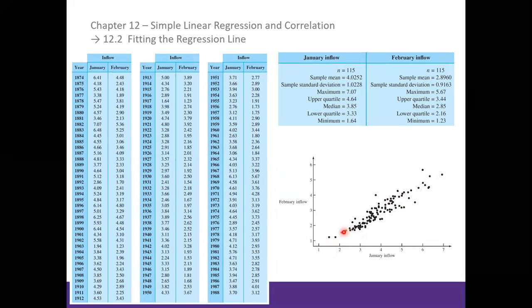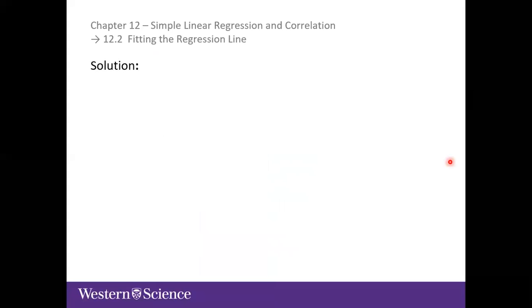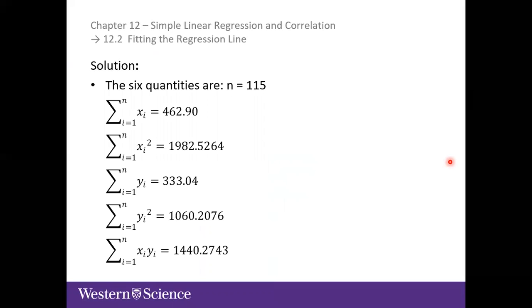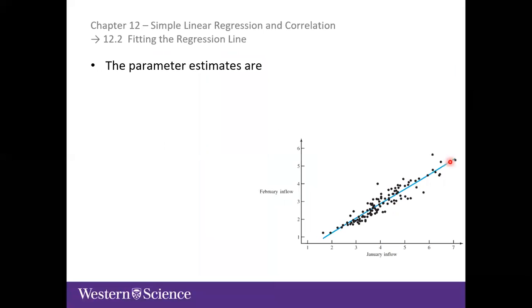So at this point, you might decide to fit a linear line. Once that's the setup, we can calculate those 6 quantities by using some Excel, which is relatively easy.